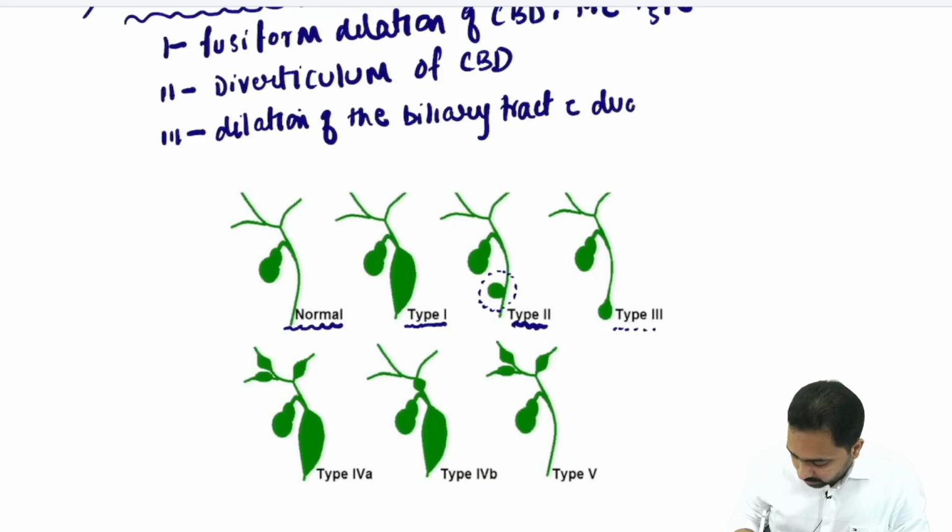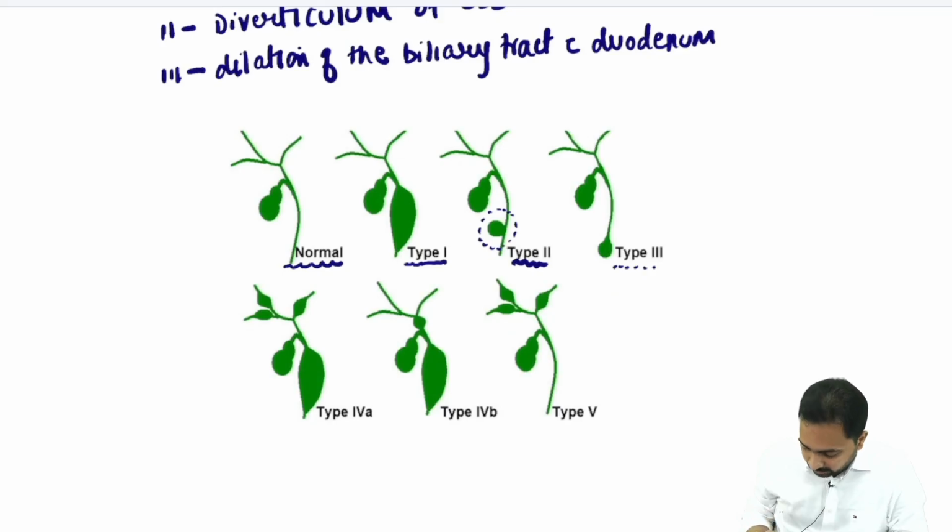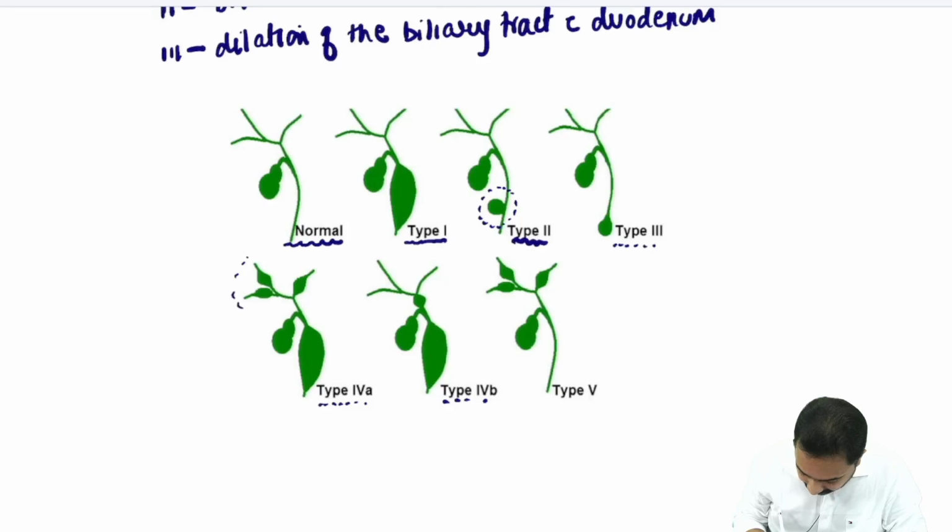Now coming down to the fourth part. Type 4 is further classified into two parts, type 4A and type 4B. As you see in type 4A, there is dilation at the intrahepatic part, and there is dilation at the extrahepatic part.